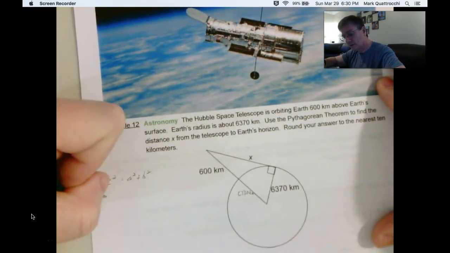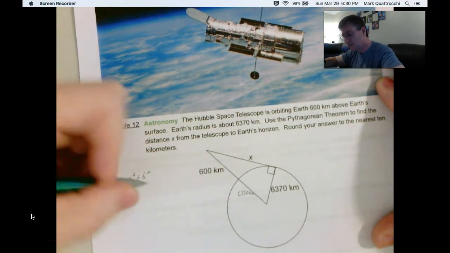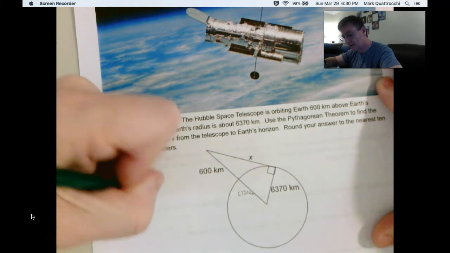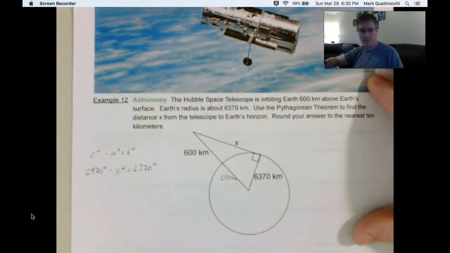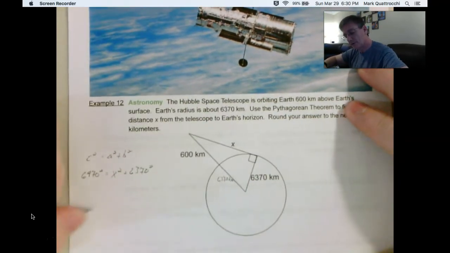So our c squared is 6,970 squared equals x squared plus 6,370 squared. So 6,970 squared, big number, that's okay.